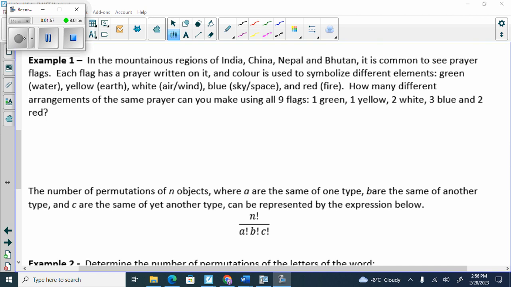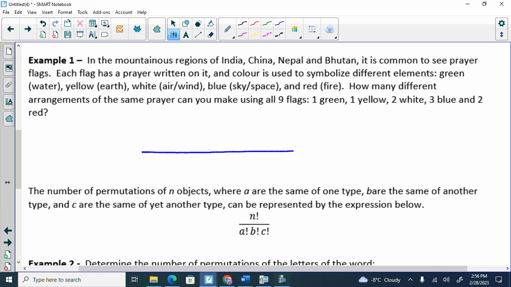So here it says, how many different arrangements of the same prayer, so same prayer would mean like white, blue, blue, like it looks the exact same, from all 9 flags. Of these 9 flags, there was 1 green, there's 1 yellow, there's 2 white, which I can't tell apart. There's 3 blue, which I cannot tell apart, and there's 2 red, which I cannot tell apart. Okay? So the moment you have repetition, what we're going to do is we're going to divide by that repetition.